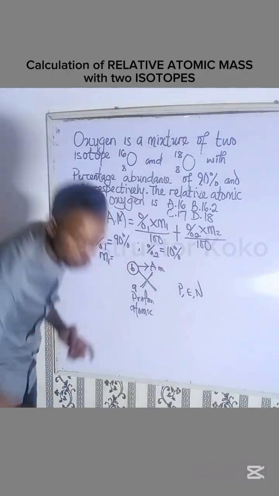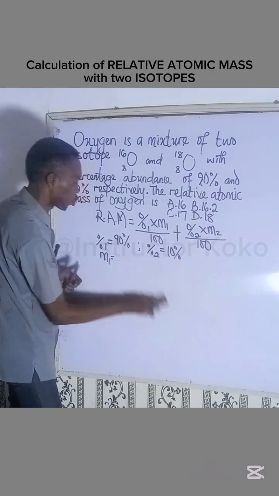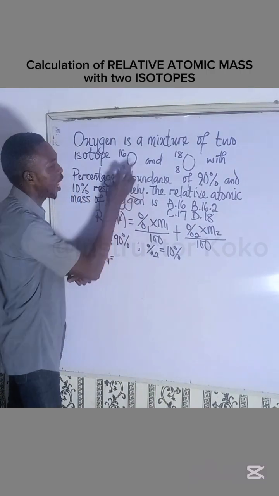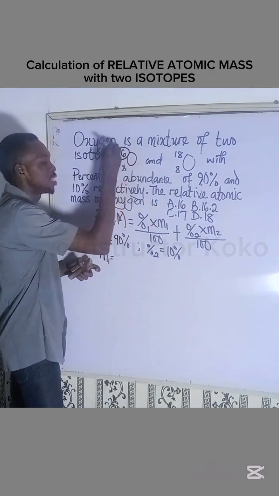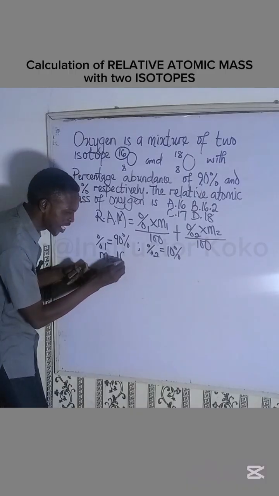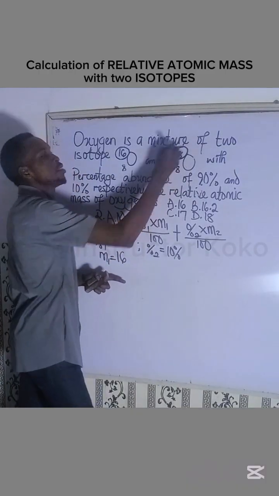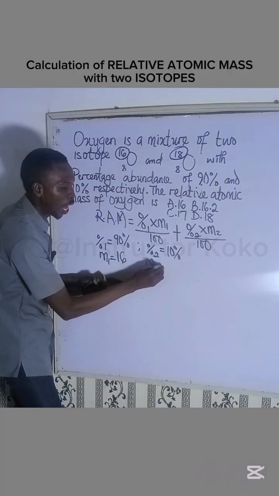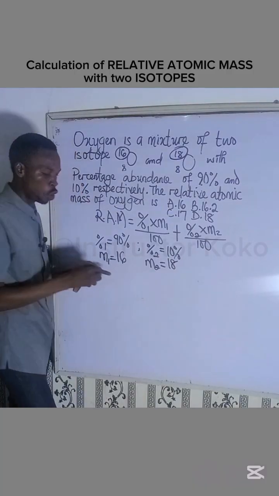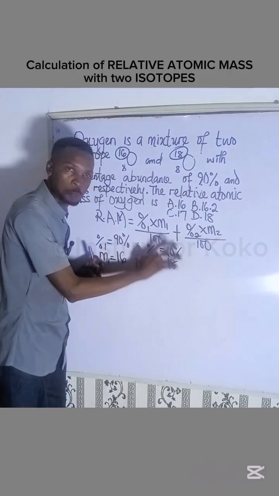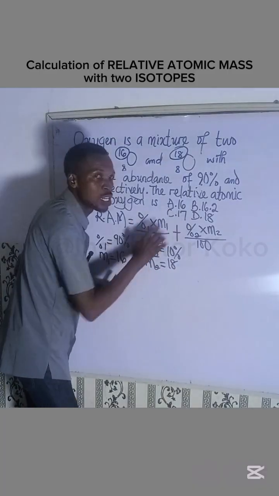So that's what I mean. Let's go back to the question. For the first isotope, the number written here is 16. So 16 is the atomic mass of the first isotope. That means 18 will be the atomic mass of the second isotope.